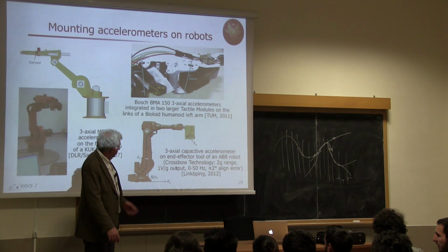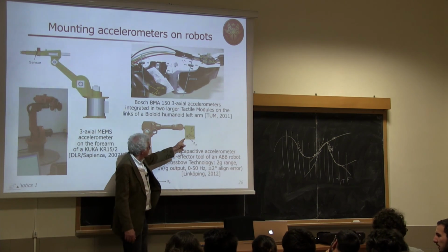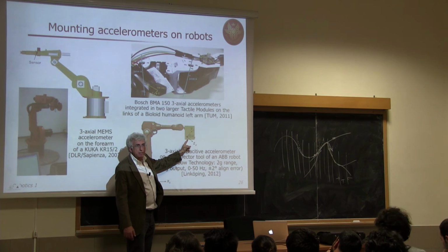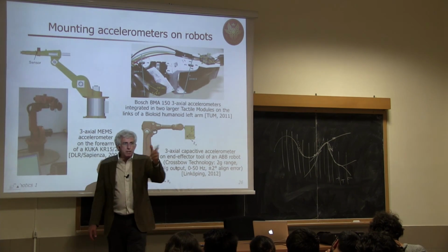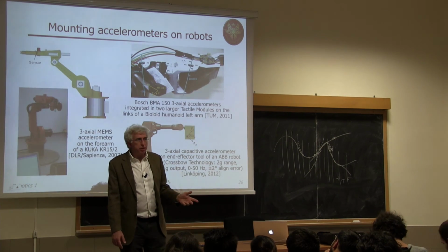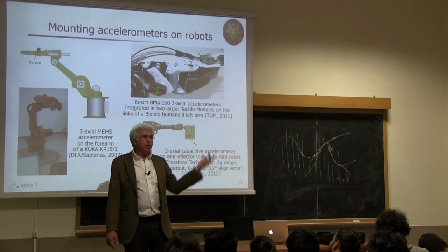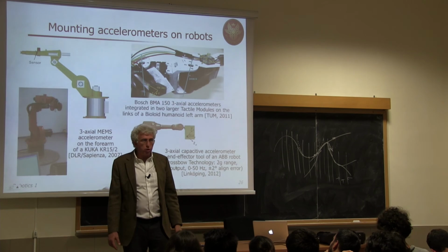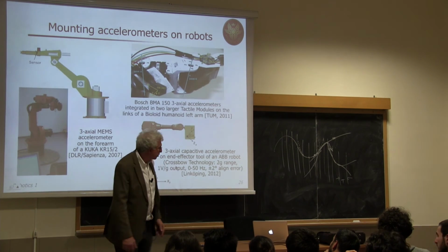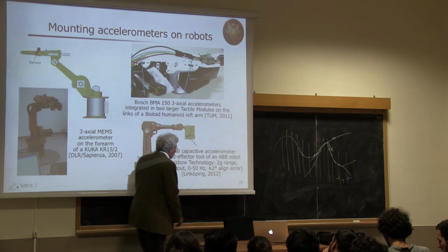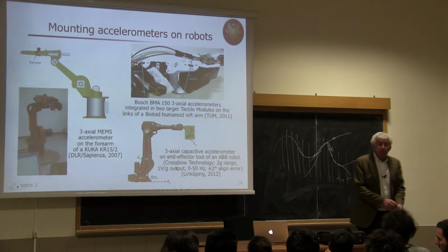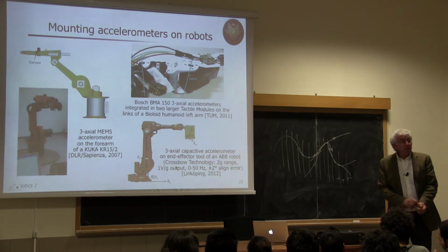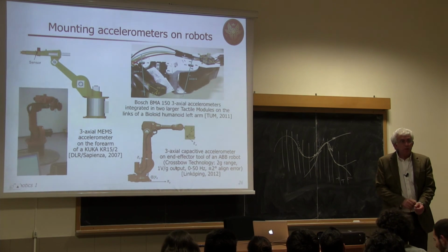Okay, there's a problem here because when you mount this accelerometer, you have to calibrate. You have to know exactly in which direction you're measuring acceleration, because this information is important for controlling motion. Okay? So as with all measurement devices, you have some calibration problem.